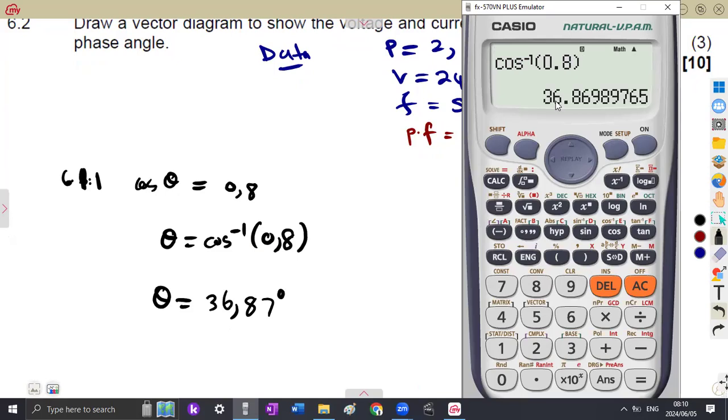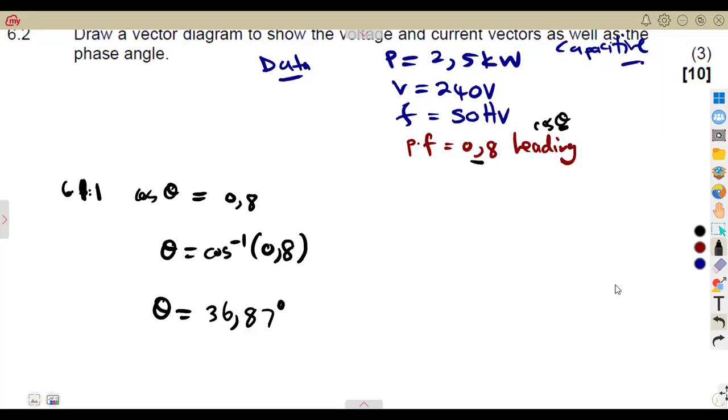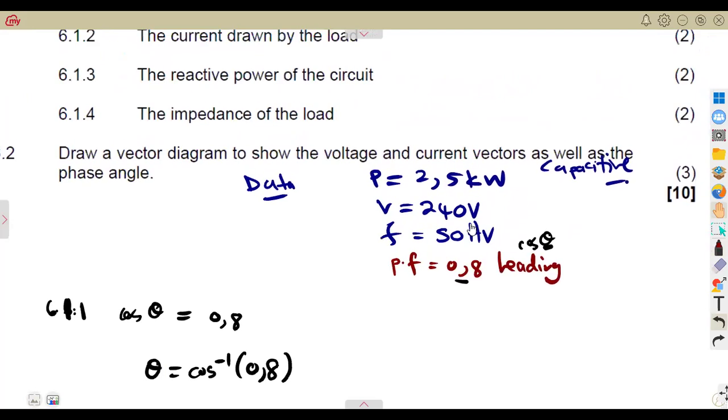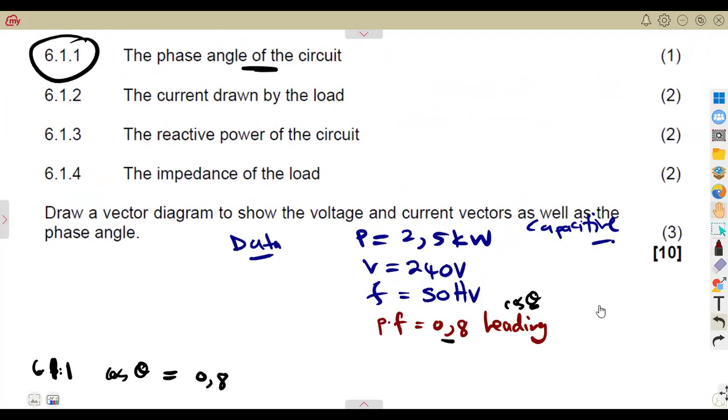If we fix this to 3 decimal places, it will be 36.870, which is the same as 36.87. So that is the phase angle from the power factor.